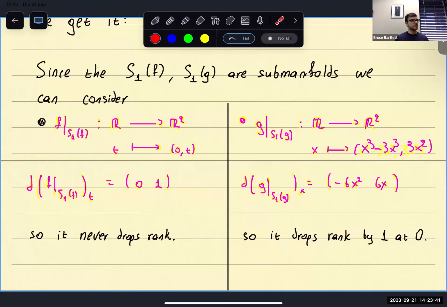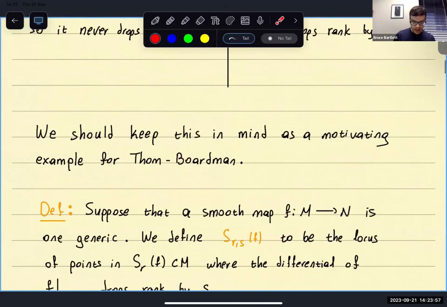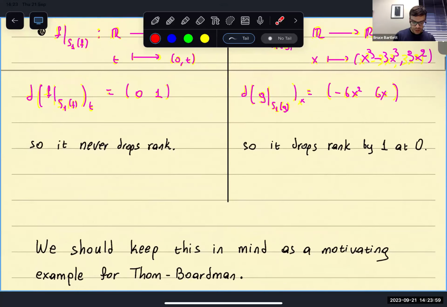It's very interesting that this sort of subtlety goes on here. I think it is related to the question you've been having throughout, and this is the motivating example, at least in my head, for building up what's called Thom-Boardman theory.